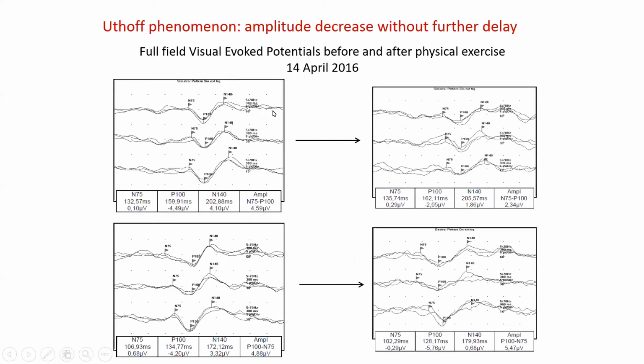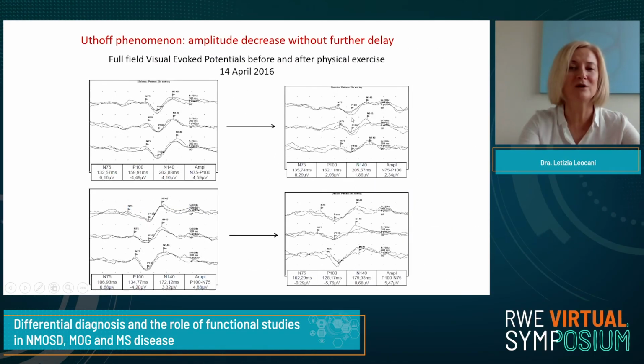We have here a patient with previous optic neuritis with delayed visual evoked potentials who told us that he was having visual blurring after running. So we asked him to run in place, and after 10 minutes running with increased temperature, we noticed that there was no further delay in the VEPs, but only decreasing amplitude.